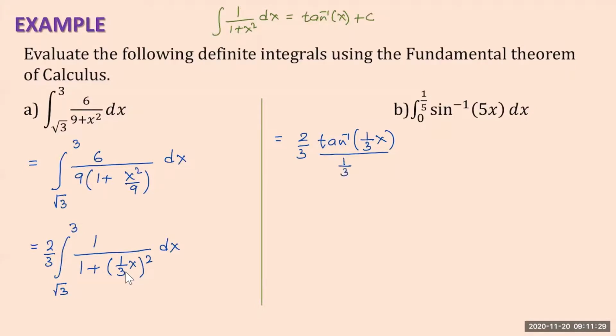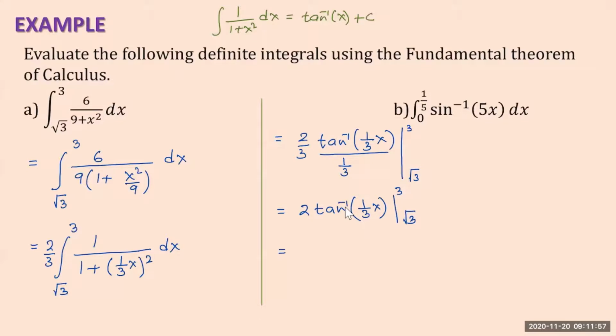And we have to evaluate this between square root of 3 and 3. First, 2/3 divided by 1/3 is 2. So it becomes 2 tangent inverse 1/3 x evaluated between square root of 3 and 3.